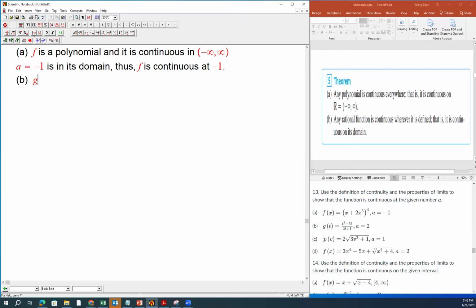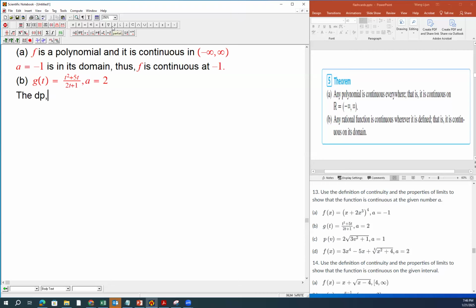Let me write down G of T. What's the domain of G? We get t squared in the numerator plus 5t divided by 2t plus 1. And the number we're interested in is a equals 2.